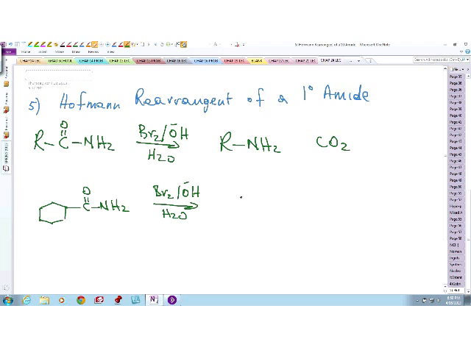Of course, water is there. What do we get? What will be the product? Cyclohexylamine, exactly. You get cyclohexylamine. Notice what we've done here. We've lost one carbon from the chain.